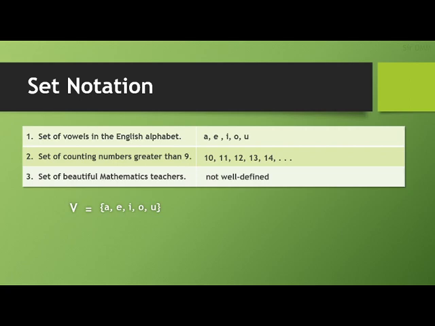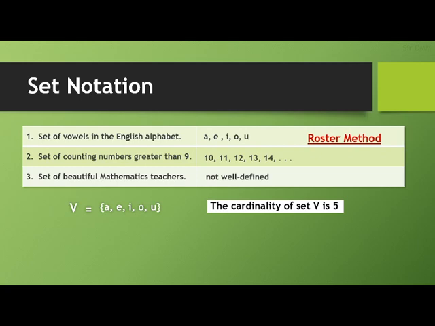So, this set notation is called roster method. When we say roster method, we list all the elements of the given set. Roster method is also known as listing method. And the cardinality of set V is 5. When we say cardinality, we are talking about the number of elements of a given set.